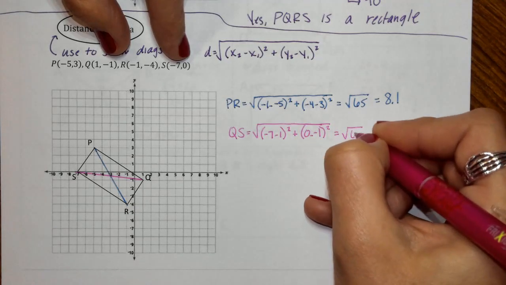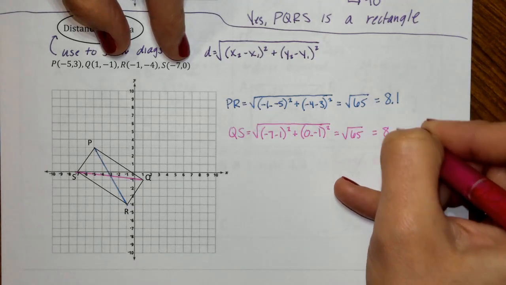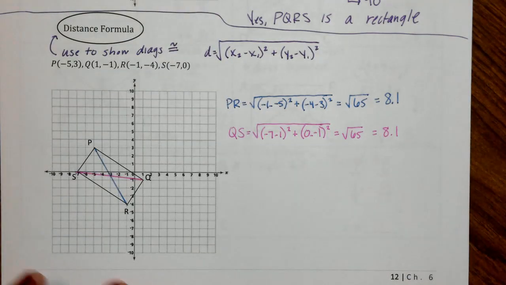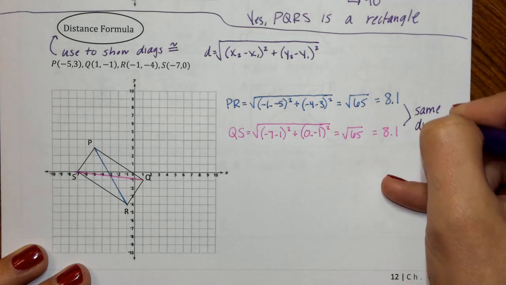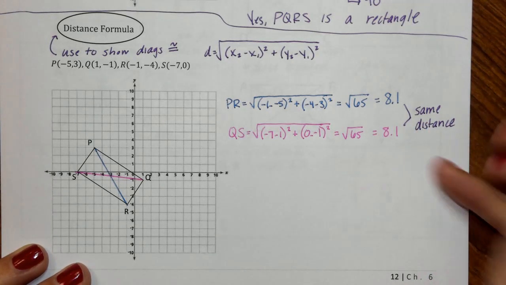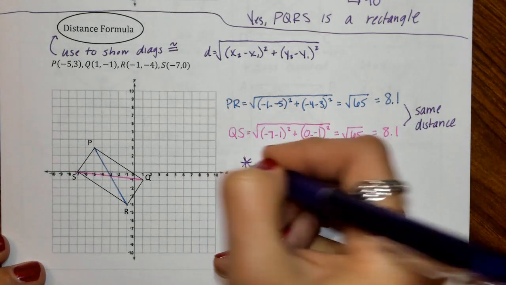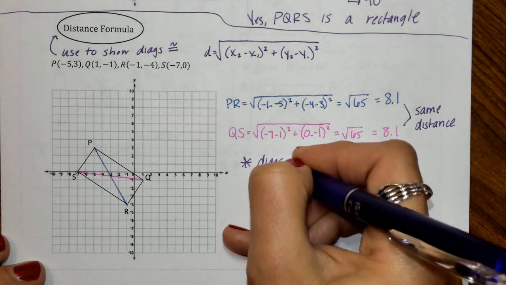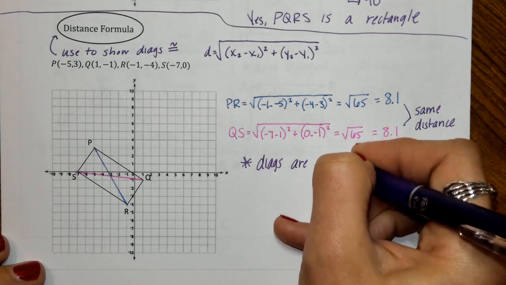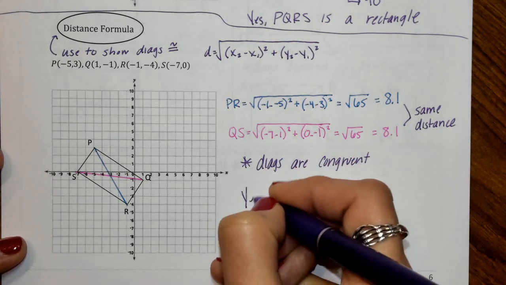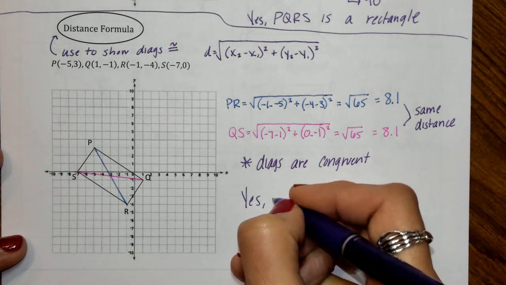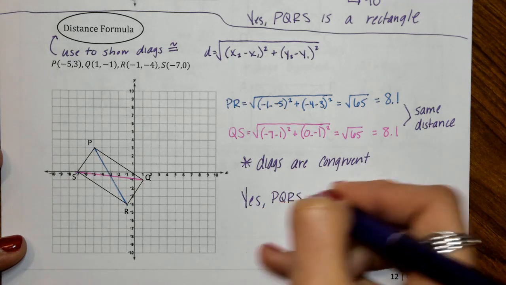This comes out to the square root of 65, or 8.1 as well. So right here, we can say it's the same distance, meaning they are congruent. So here we can now say, yes, is it a rectangle? Yes. PQRS is a rectangle.